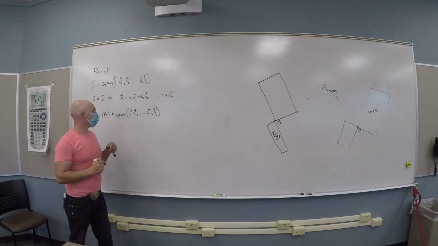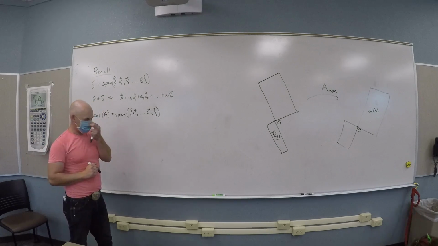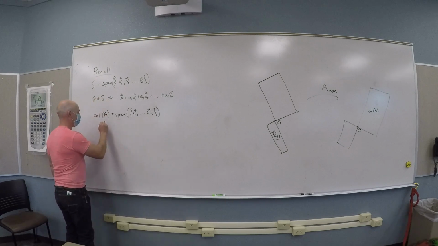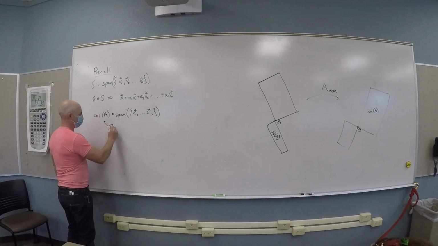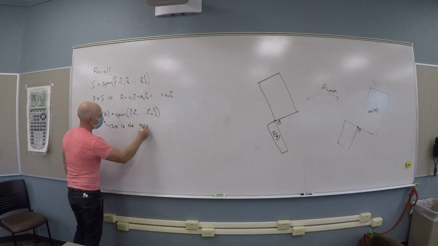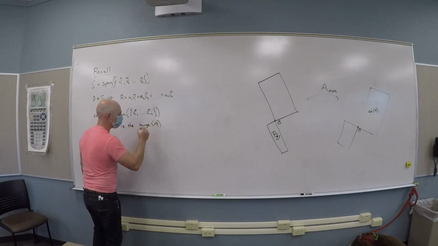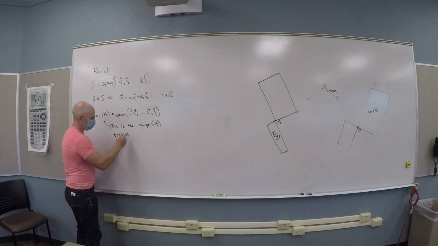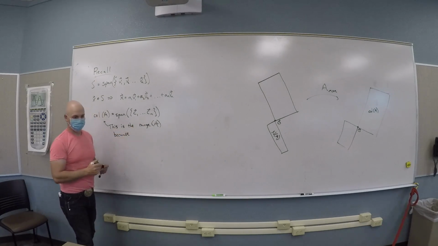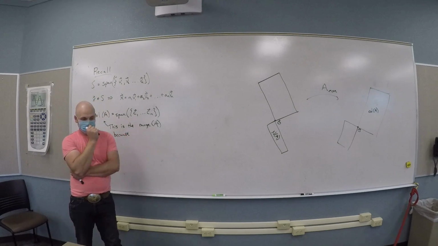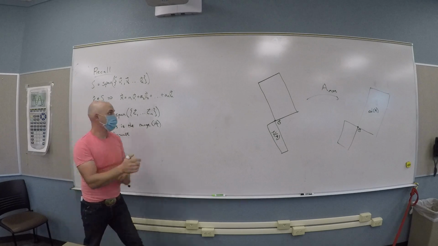Okay. So why is that the range? So this is the range of A, because what? Didn't that have to do with something about the codomain? Well, it's definitely in the codomain. The codomain is what you're aiming at.